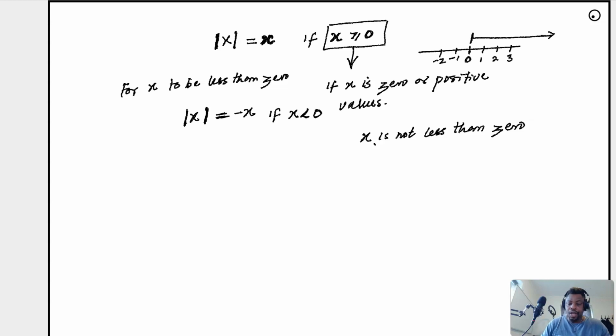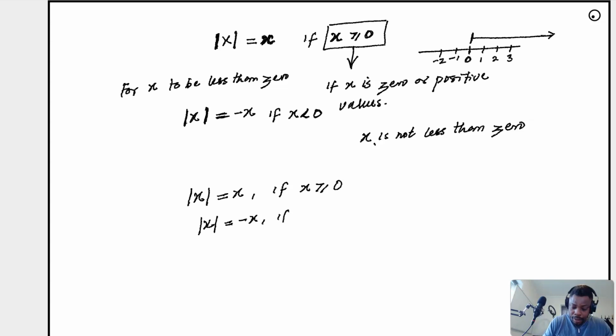You see that? So now we can give a function. We can say modulus x is equal to x if x is greater or equal to 0, or modulus x is equal to minus x if x is less than 0.